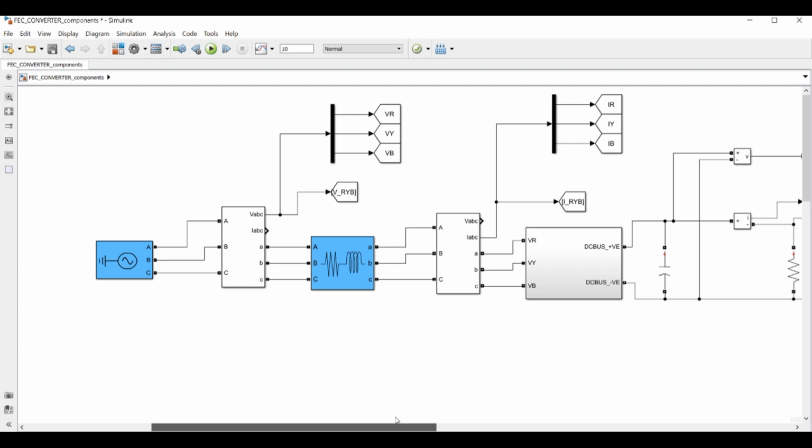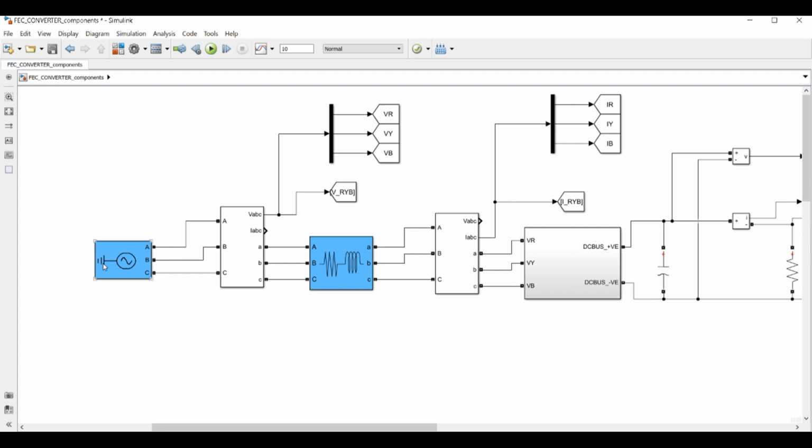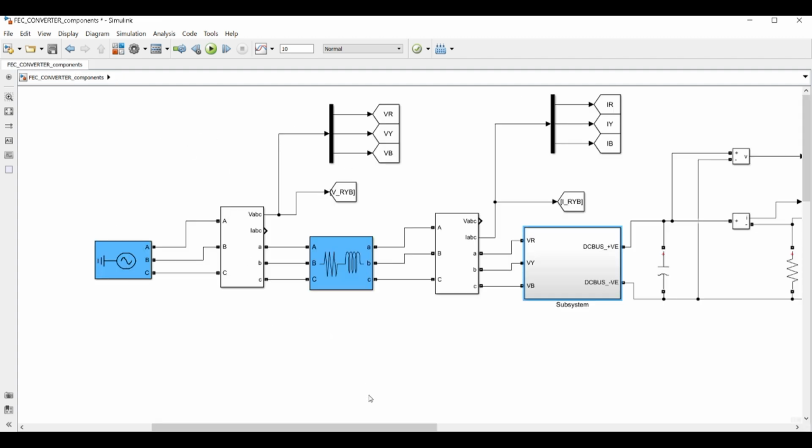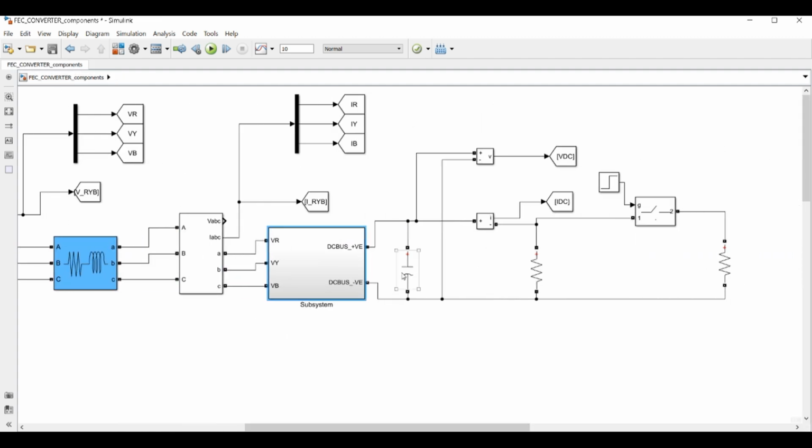So once again, this is our three-phase grid. Okay, this is the measurement block. This is the RL of the grid side. This is again the measurement block. This is the VSI inverter that we have made, and after that a capacitance and the load. These two are the DC bus voltage and current measurement.